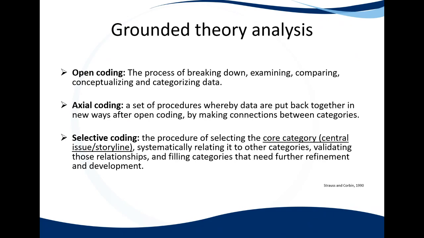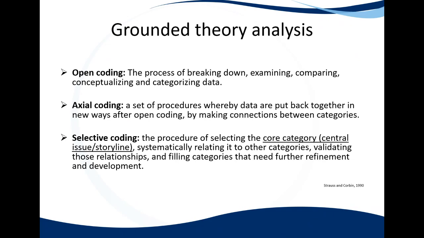You put it together to start building a narrative, to start coming up with an initial theory. So you say to yourself, what is this telling me about this phenomenon? What concepts are coming through for me, or what concept is coming through for me? And what is backing this up? So you start putting it together, and is it coming together? Is it making sense? So you make connections between the different categories.